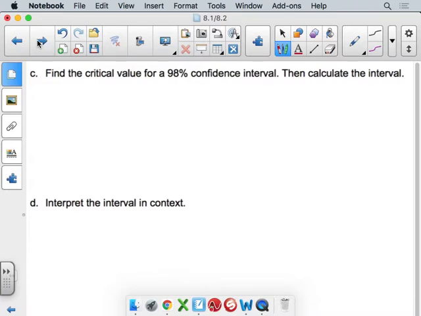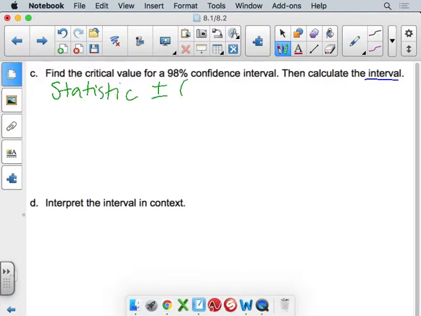Find the critical value for a 98% confidence interval and calculate the interval. So what is our interval? Let me write our formula the way that it's seen on the formula sheet.